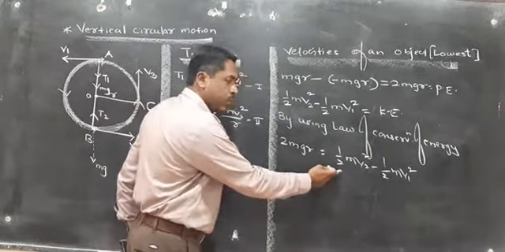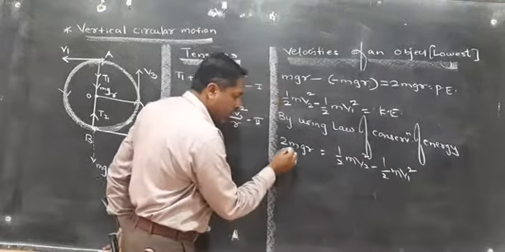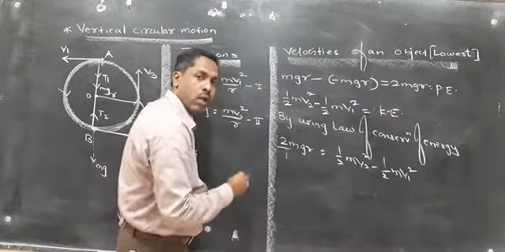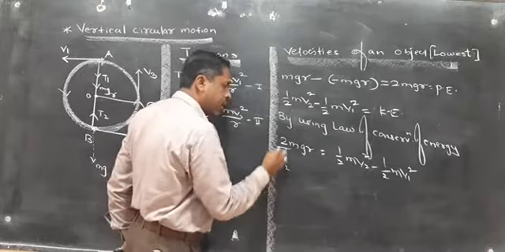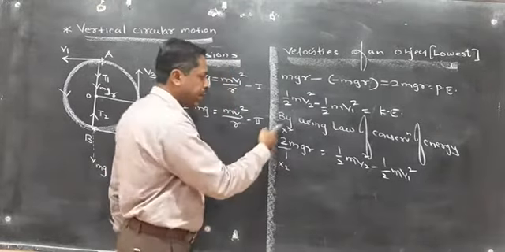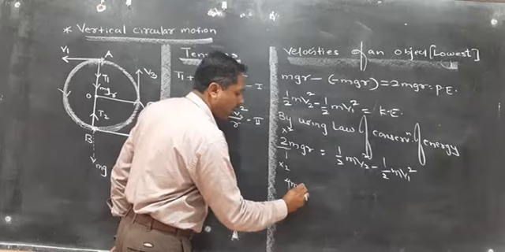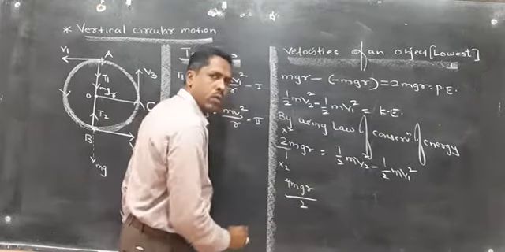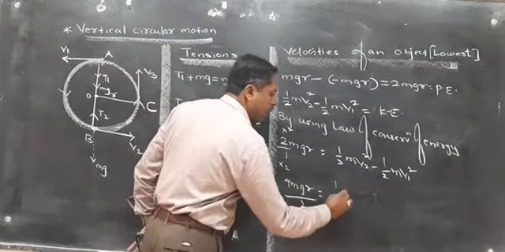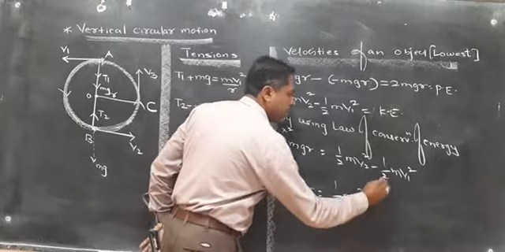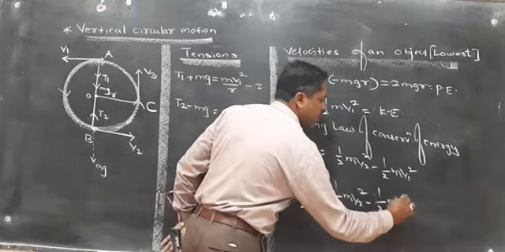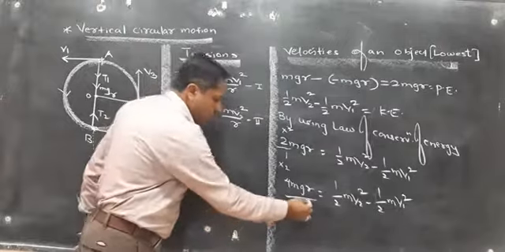Here at the bottom, nothing is there, 1. So for leveling, multiplied by 2 to the denominator and numerator, it becomes 4 mgr upon 2 is equal to 1/2 m v2 square minus 1/2 m v1 square.